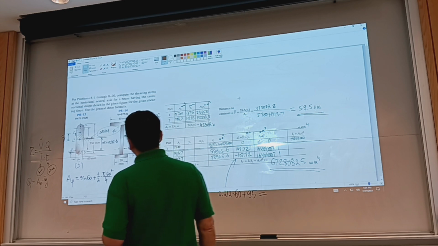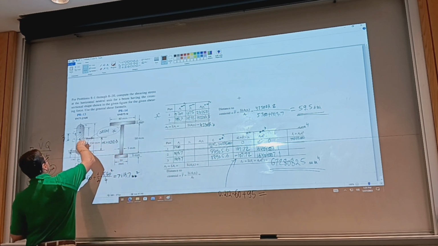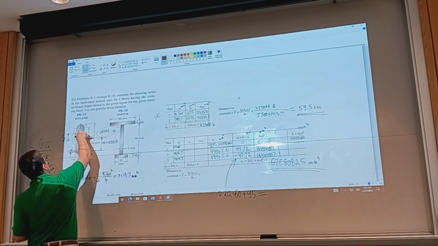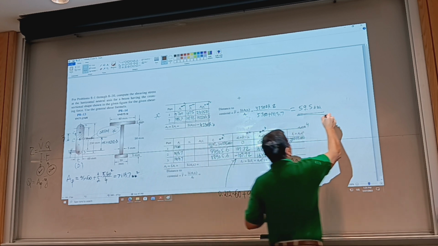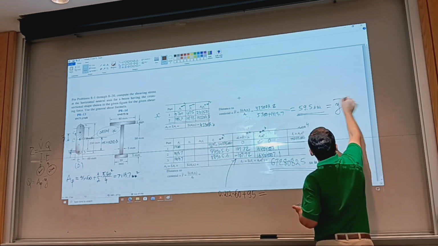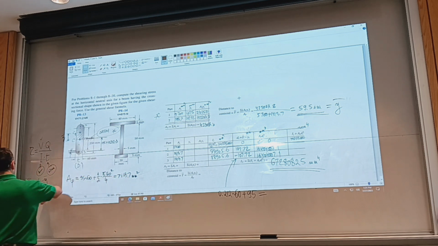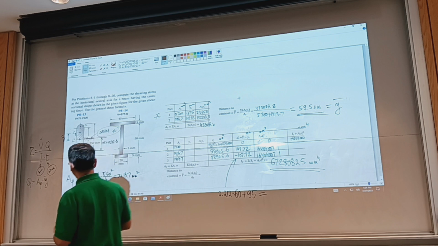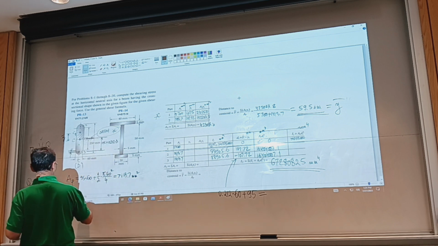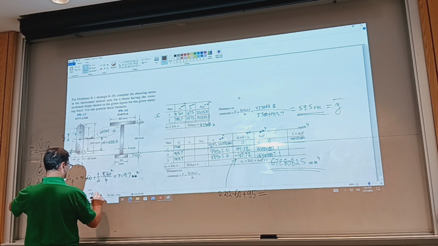And now that we have the distance from the big centroid to the centroid, this is our lowercase y over score, we can calculate the first moment of area. Q is going to be A', we have it here, times y over score.